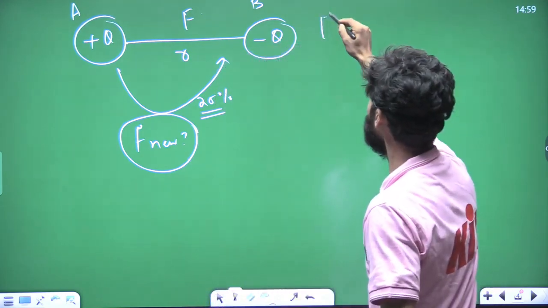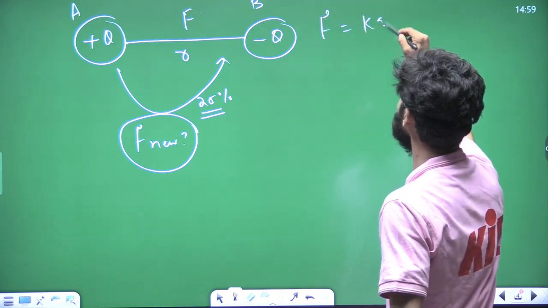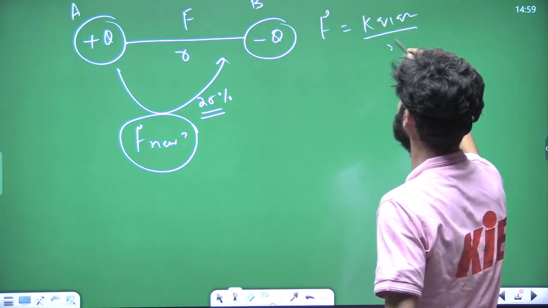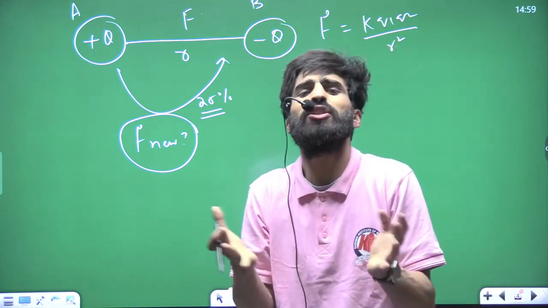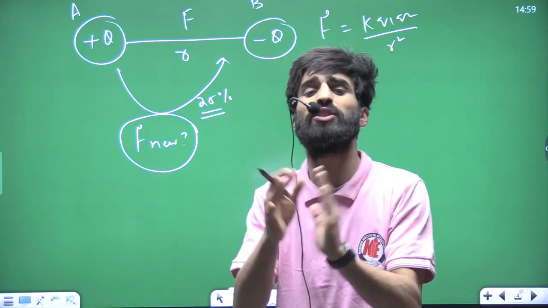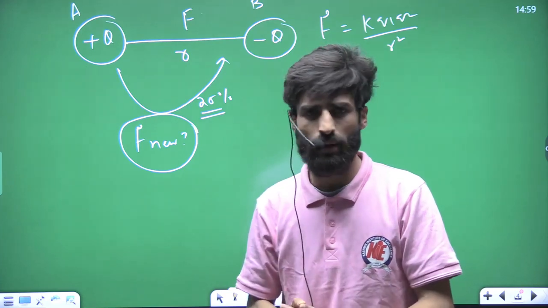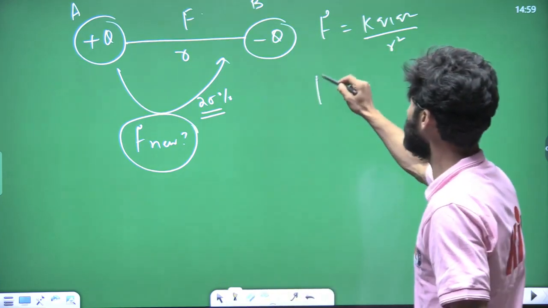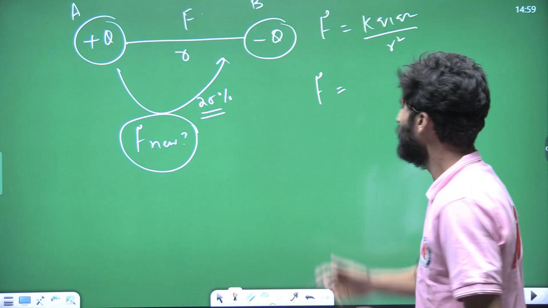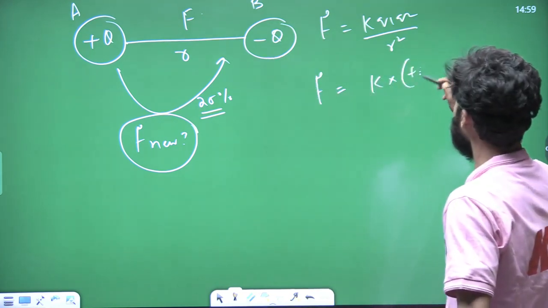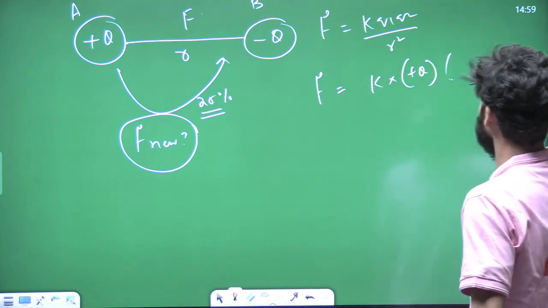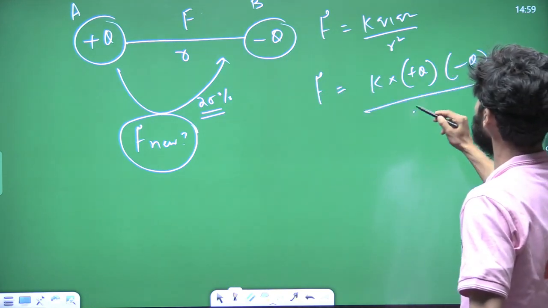As per Coulomb's law, we know that F equals k Q1 Q2 divided by r square. When there was no sharing of charge, F is k times Q1, which is plus Q, and Q2, which is minus Q, divided by r square.